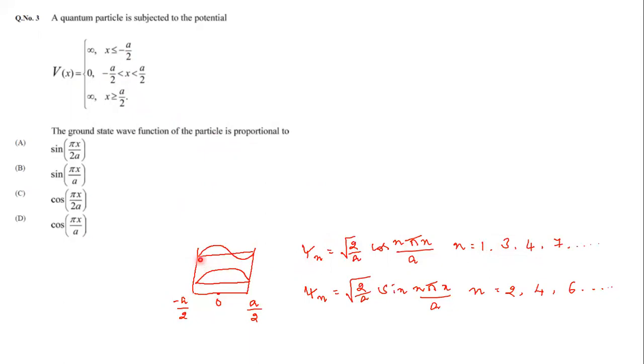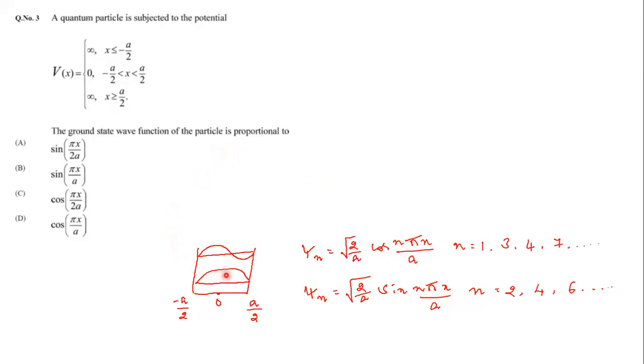And for the wave function which is odd, the function which is odd will be described by the equation psi n is equal to root 2 by a sin n pi x by a, if a is the length of the box, where n is equal to 2, 4, 6.